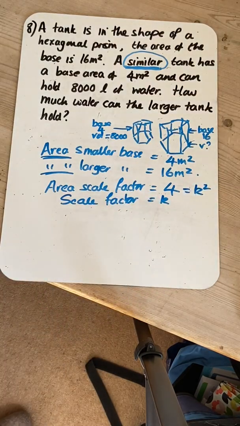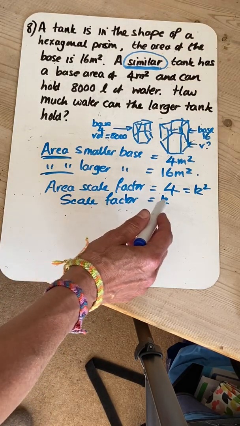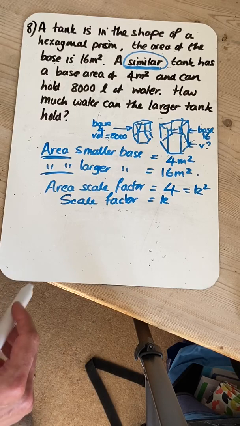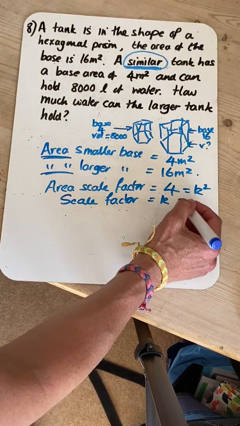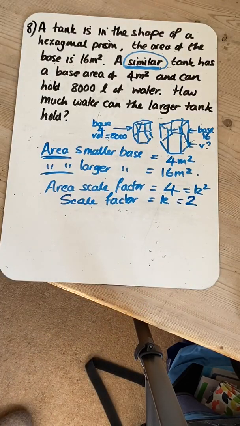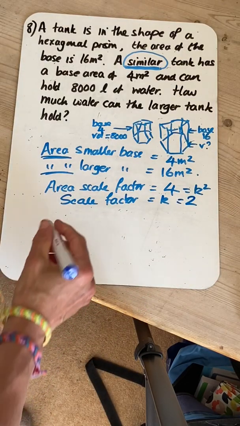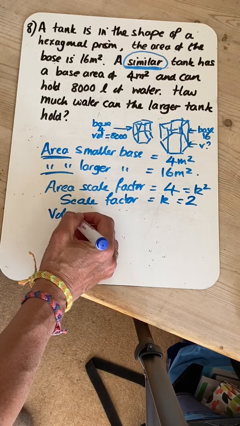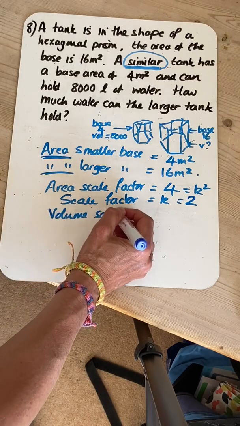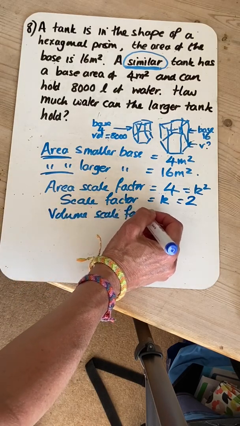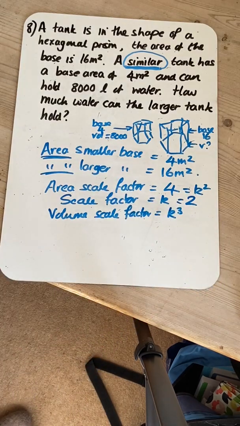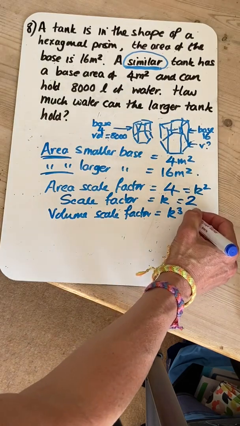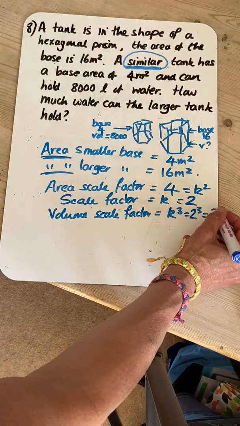If our area scale factor is K squared, then our scale factor is K. And that means in this case that our scale factor is going to be the square root of 4, which is going to be 2. Yeah? Our volume scale factor, volumes are measured in cubed units. So our volume scale factor, if you remember, therefore is going to be K cubed. K cubed is going to be 2 cubed, which is 8.